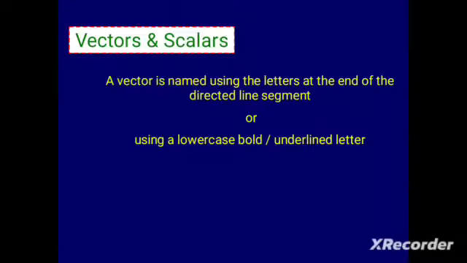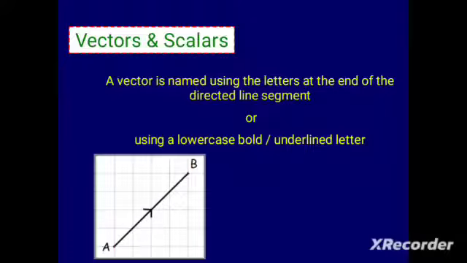Now, a vector is named using the letters at the end of the directed line segment or using lowercase bold or underlined letters. So this is what we are talking about. We have a point A. We have a line AB. The line is shown using the direction, and that now makes it a vector.